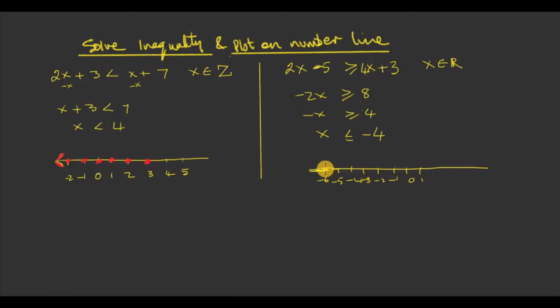So I'm going to do a solid red line now, and it's going to be from equal to, so I can put this solid line going that way and an arrow there. There's overkill here with the numbers on the right hand side. So x is less than or equal to minus 4. So I've got minus 4 and it's equal to it, and there we go.